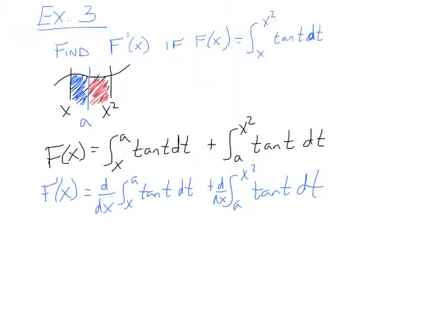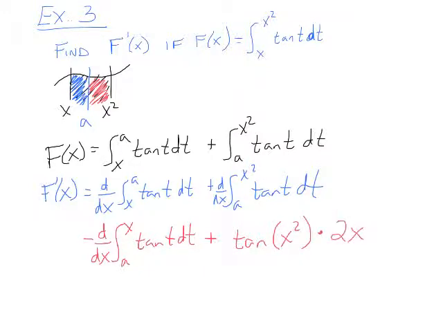By making it negative, we can switch the limits, A to x of tan t dt. For the second one, we apply the fundamental theorem of calculus with the chain rule, and we get tangent of x squared times 2x.